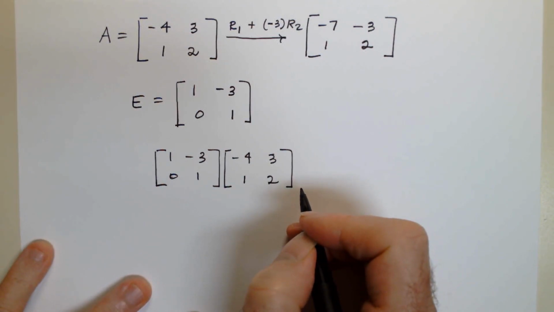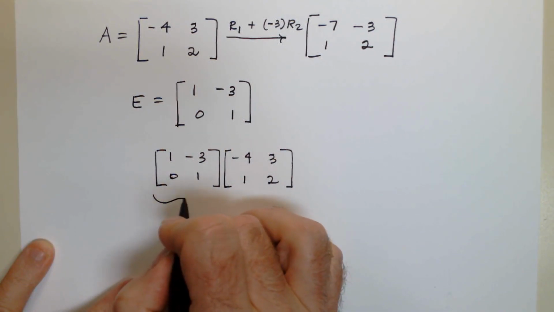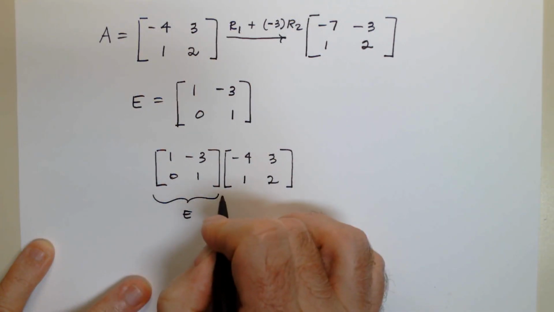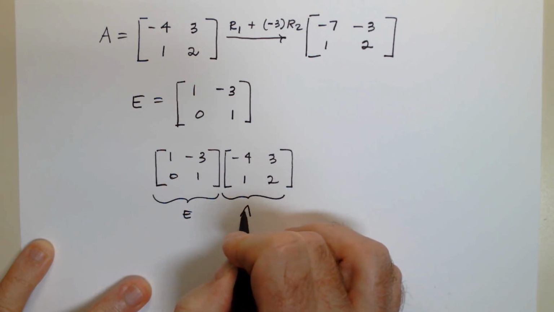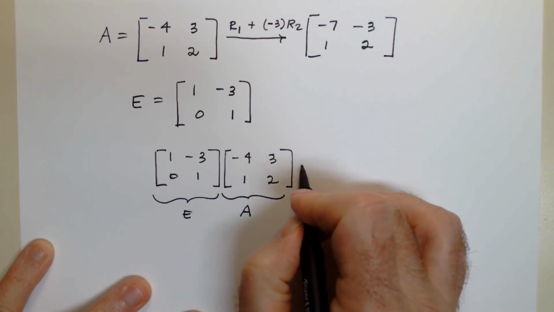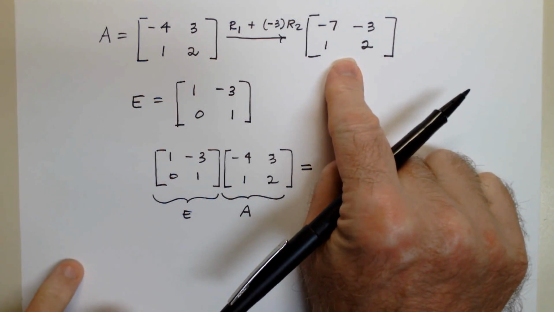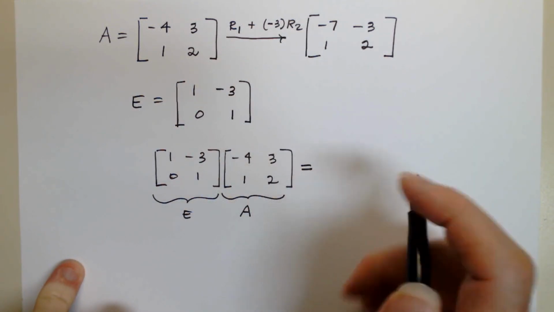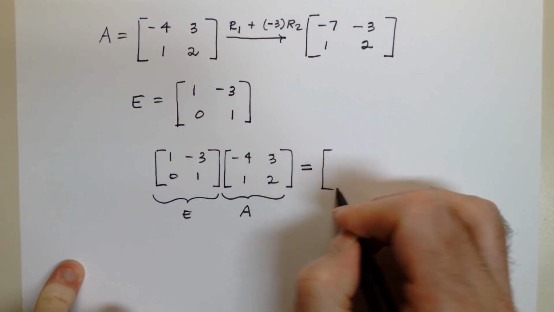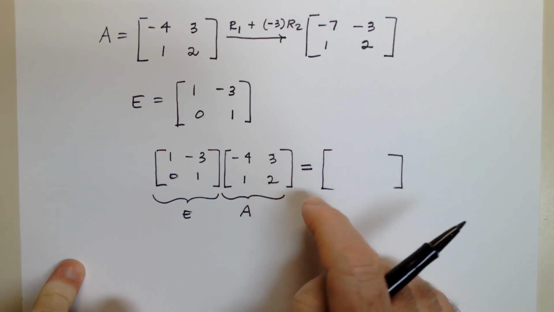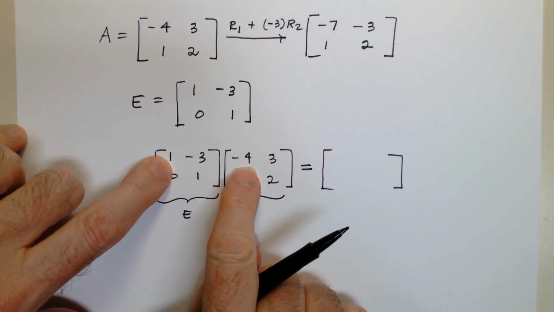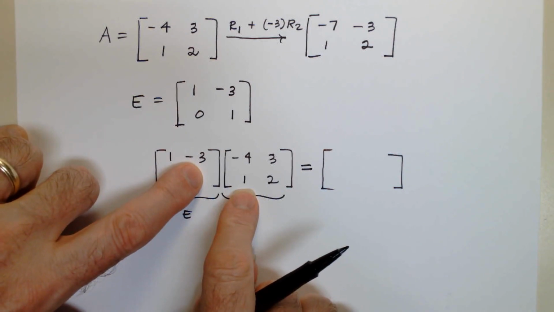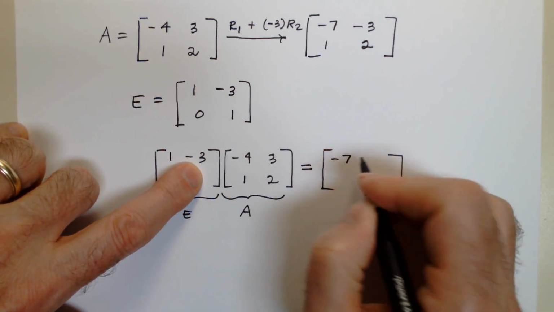So this is according to Theorem 3.10. I should be able to take the matrix E multiplied by the matrix A on the left, and this should produce the same thing as the row step itself. Let's find out. So when I do the multiplication, I'll have negative 4 plus negative 3, that's the negative 7.